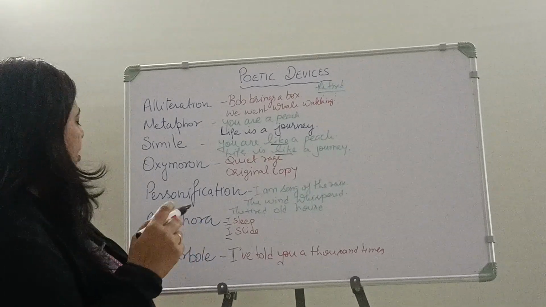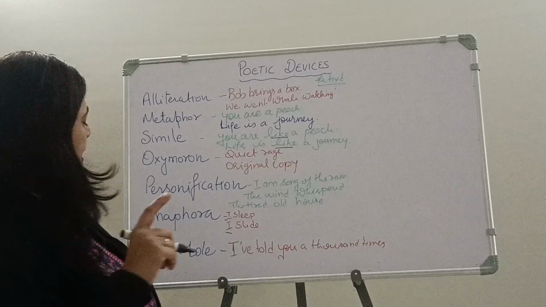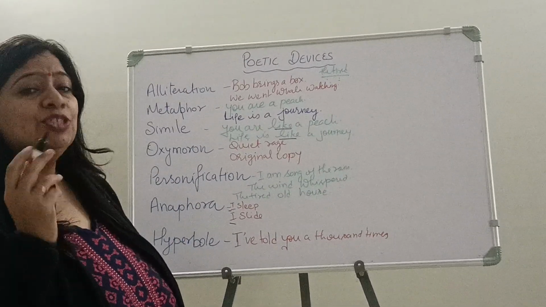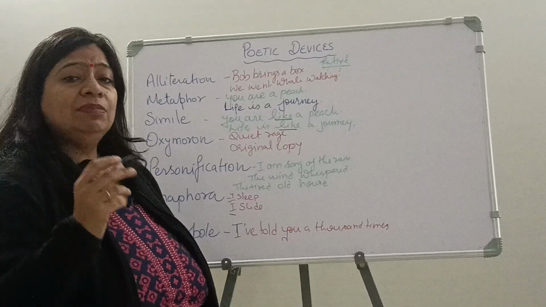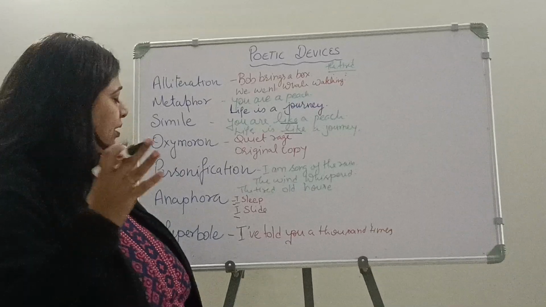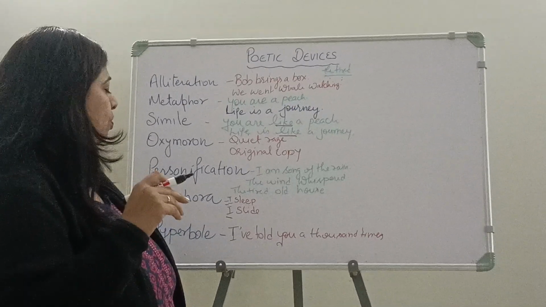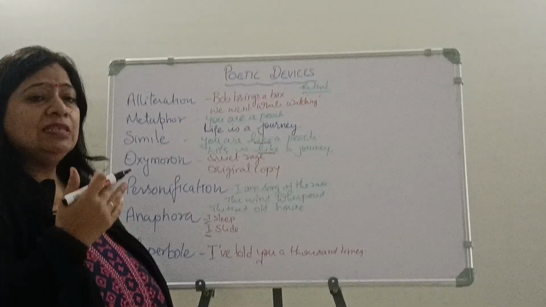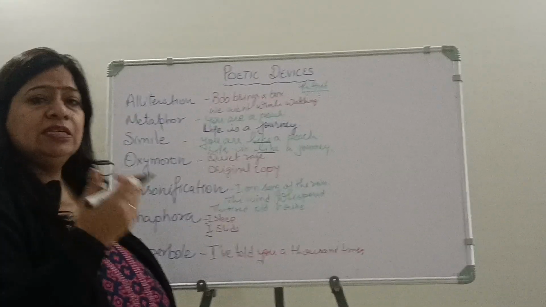Now the last one which I will discuss in this video, that is hyperbole. Hyperbole is something like exaggeration. Exaggeration of something which is hard to believe, which cannot happen, that is called hyperbole. So here we exaggerate a quality of somebody, or we exaggerate any person or thing.